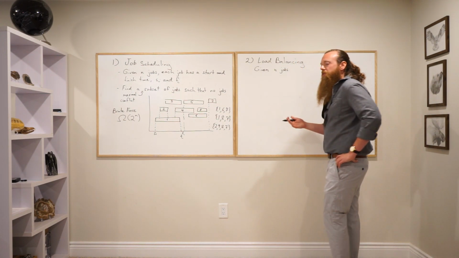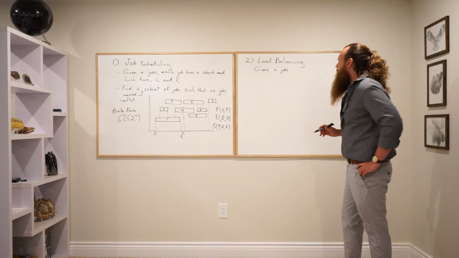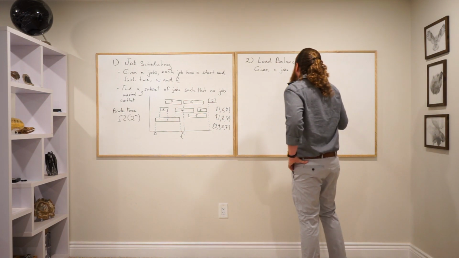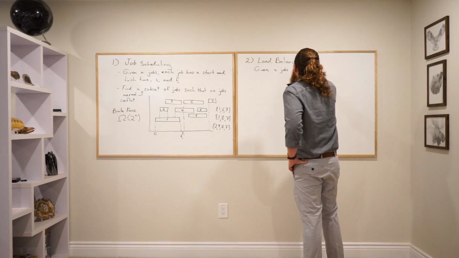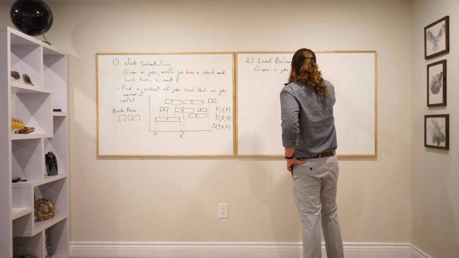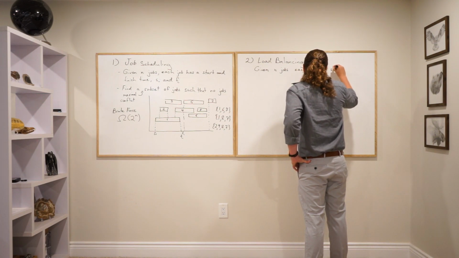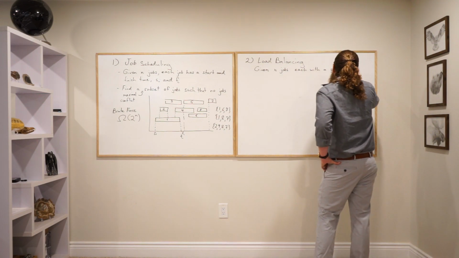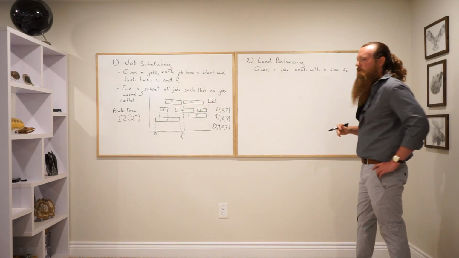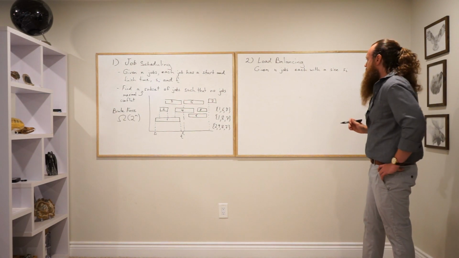It doesn't necessarily need to be time, but some kind of value that's going to work in our problem setting here. But given n jobs, each with a size, we'll call it s_i, why not? So if we're looking at job i, it's going to have size s_i.